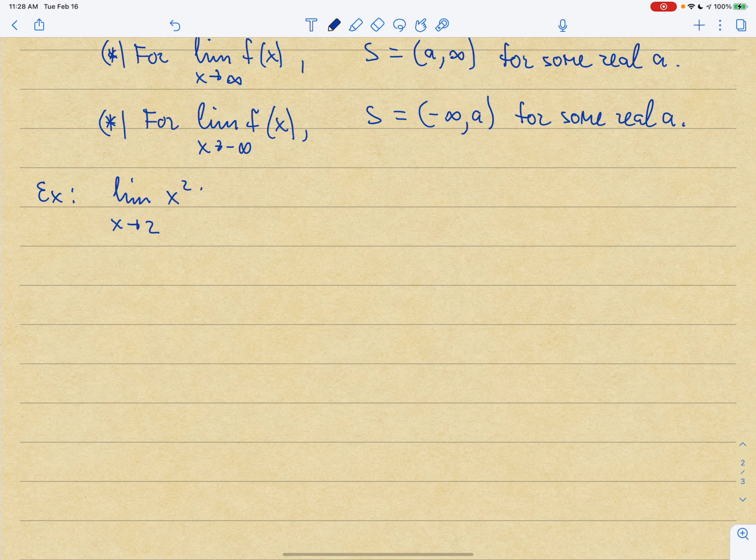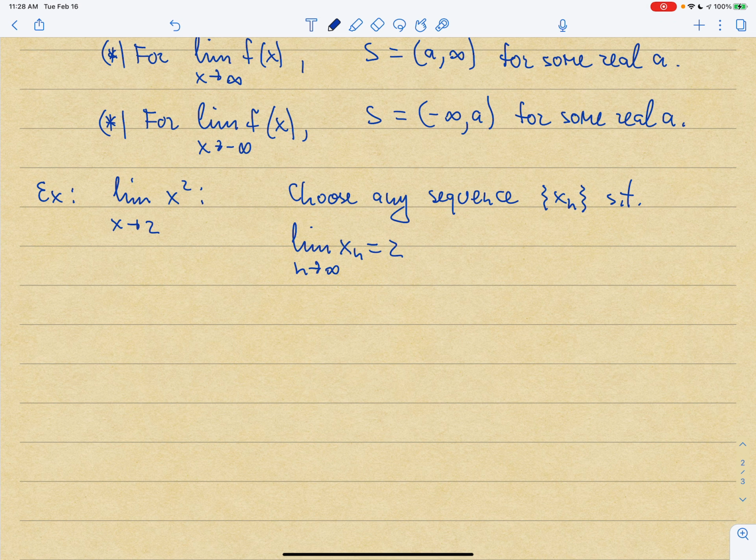So choose any sequence xn such that the limit n goes to infinity of xn is equal to 2. Again, I'm not placing any restrictions on where xn can be. It can be to the right, to the left, as long as it's close to 2.